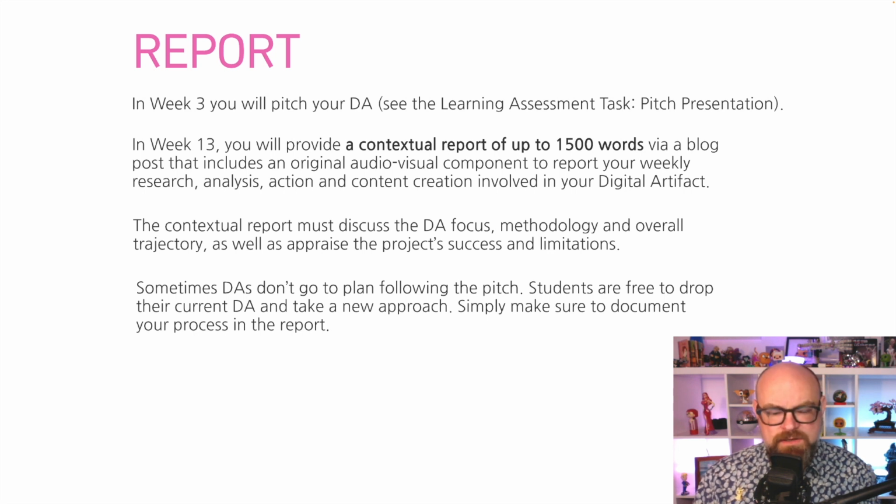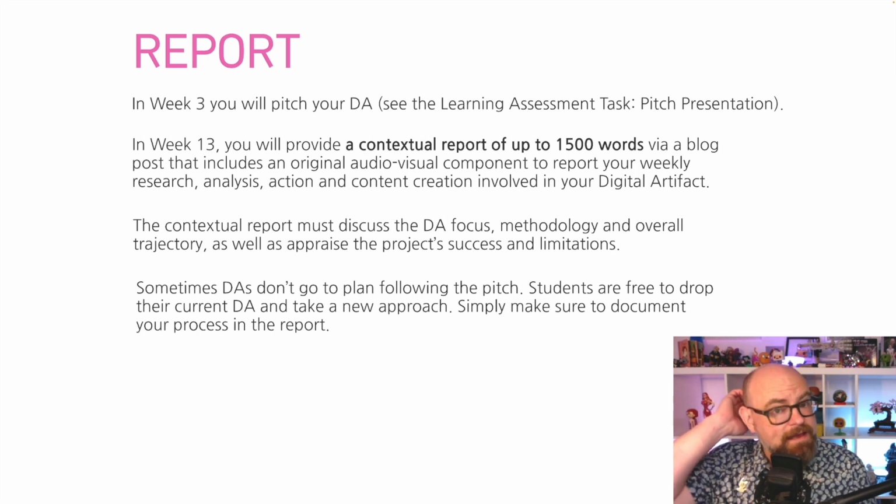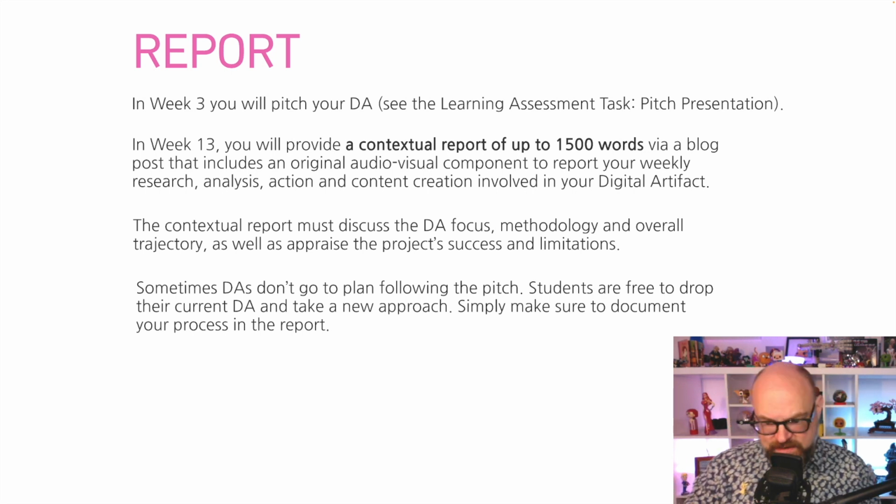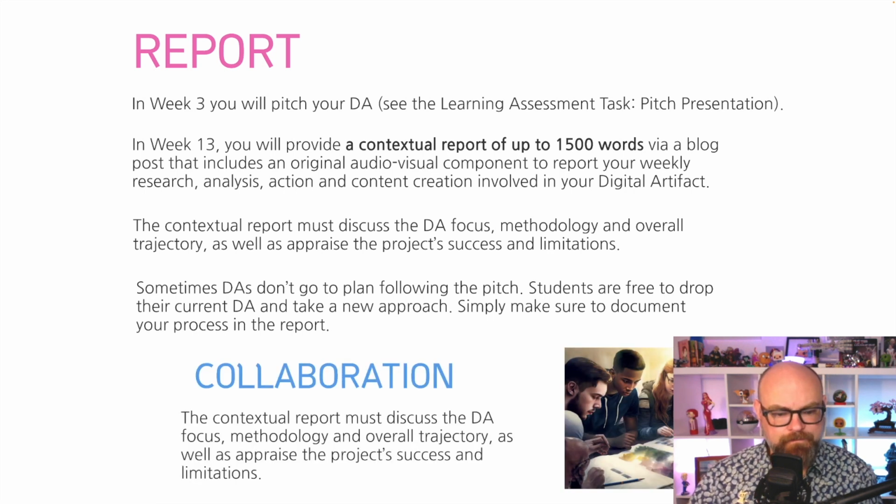As I said, sometimes things don't go to plan, and you may drop your DA and take a new approach, or you might be experimenting with expanding one DA and you don't like that, and so you put that aside and you start again. Make sure to document your process, your thinking about how you map this out.